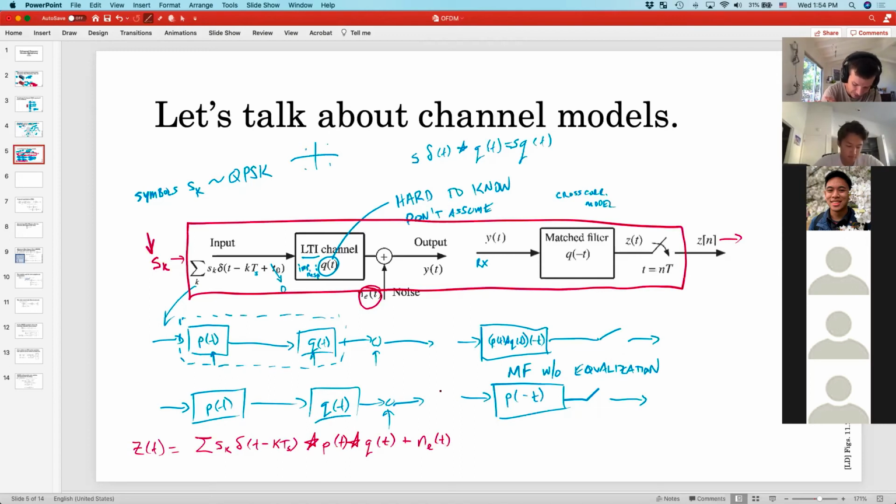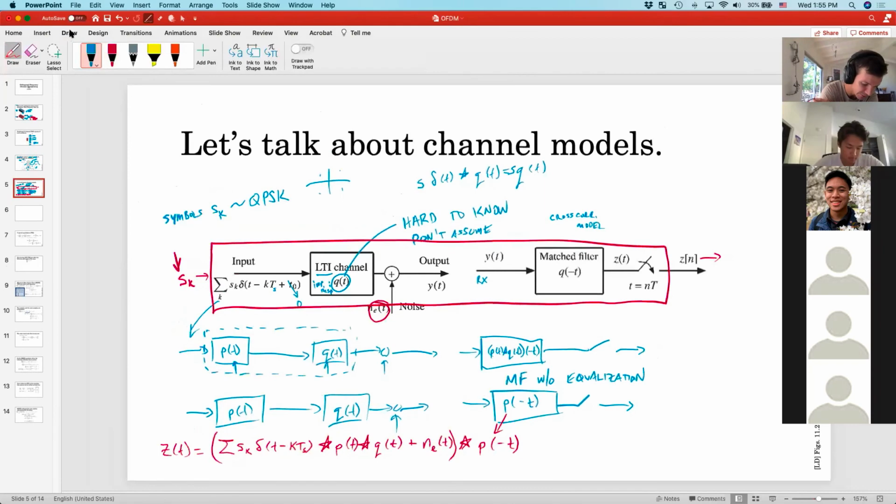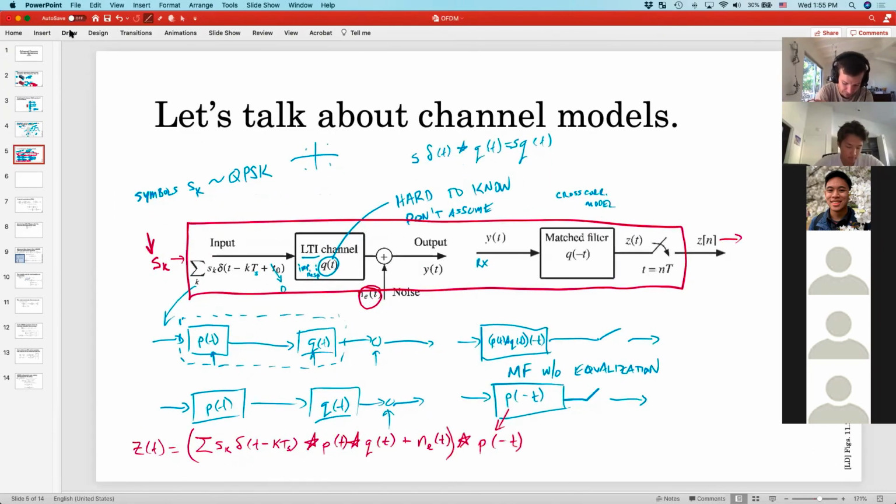This is then our received signal in the big parentheses. We're going to pass that through a matched filter, where I'm taking this treatment here. And I want you to see that I can use the distributive property of convolution here, that I get essentially two convolutions, this one and this one.